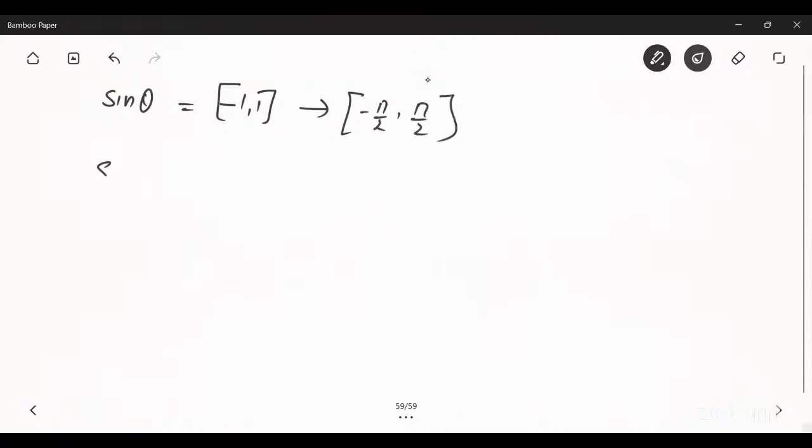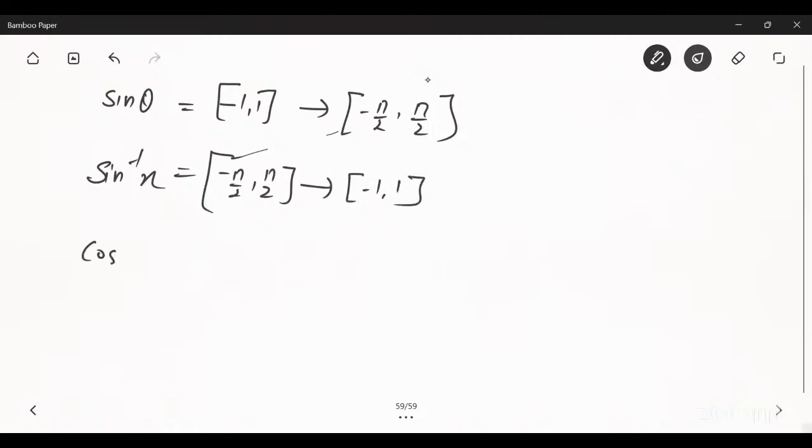Okay, and if you find sine inverse x, then the domain and range swap: the domain becomes minus 1 to 1 and the range becomes minus pi by 2 to pi by 2. Now we have to remember the range of cos inverse x, which is 0 to pi, with domain minus 1 to 1. You only have to remember two things. Later, when tan inverse x comes, cot inverse x will come, so we will discuss that part then.